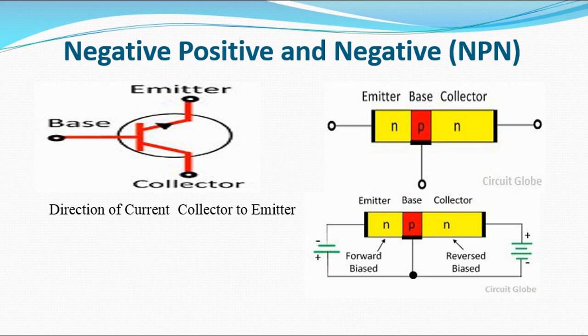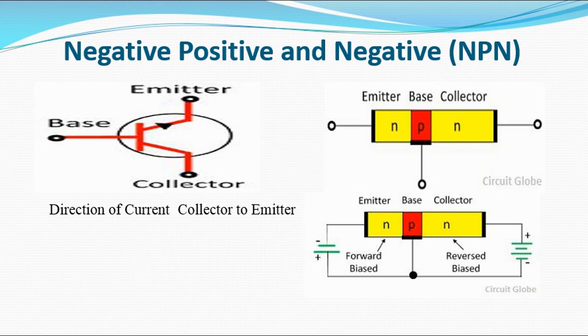Based on this, the base is the positive, while the emitter and collector are the negative junctions. For instance, you can see in this area negative, positive, negative, which is emitter, base, collector.